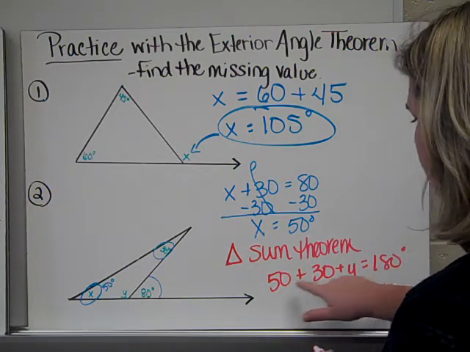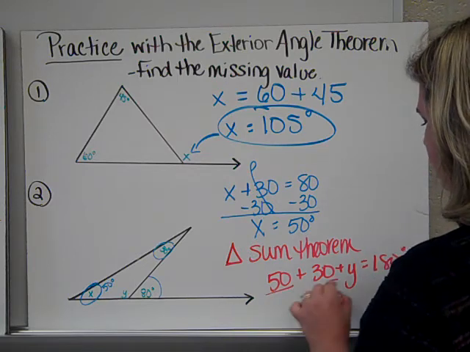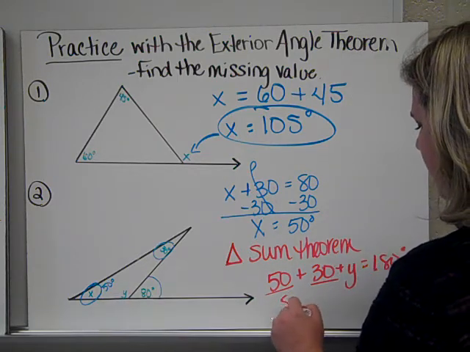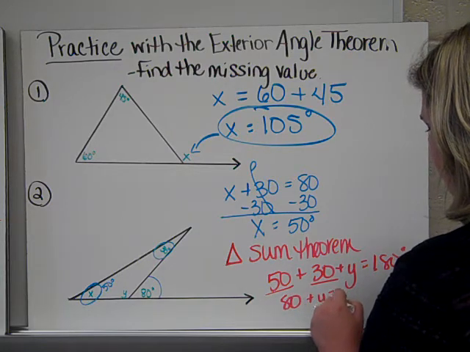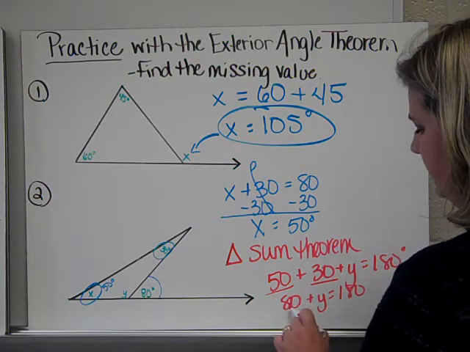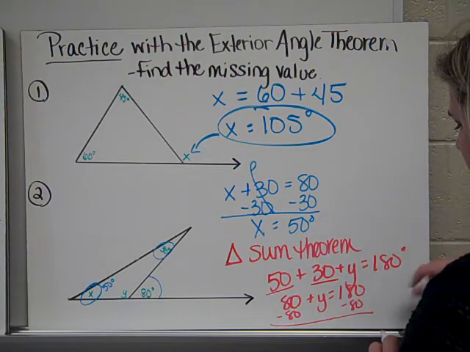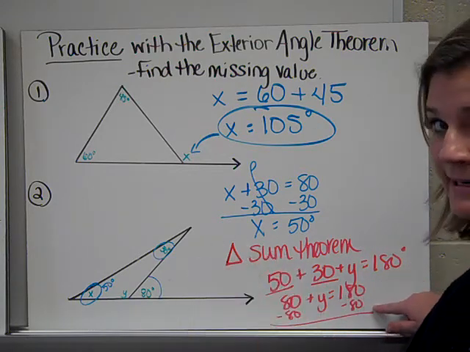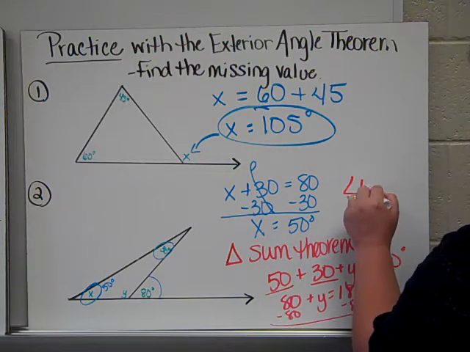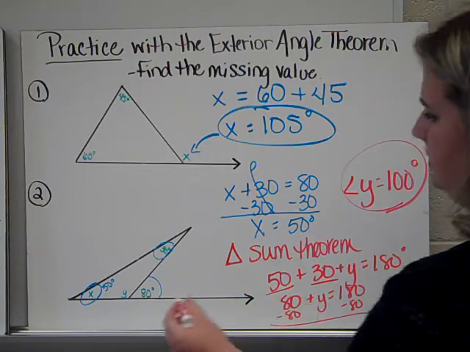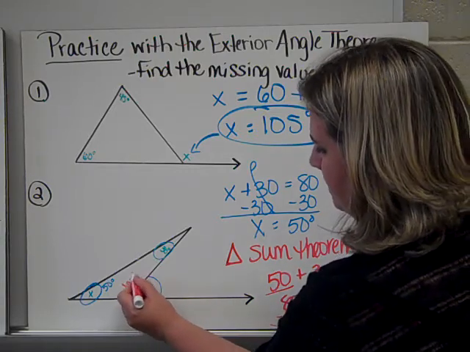So I'm going to add those two angles. I know that's 50 and 30, so that's 80. Then I'm going to take 80 away. I know that 180 minus 80, angle Y is 100 degrees.